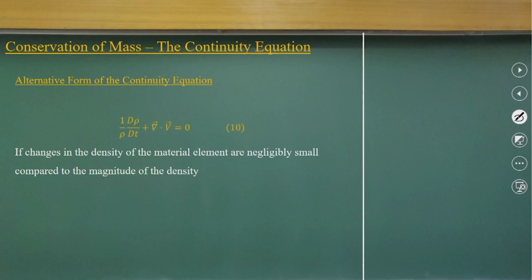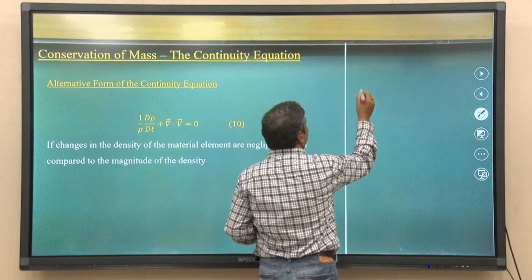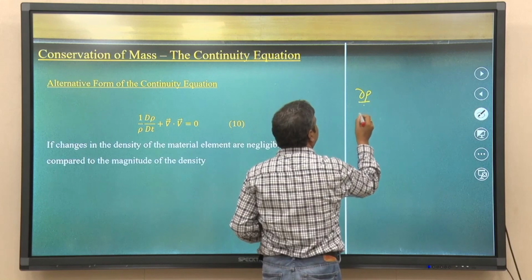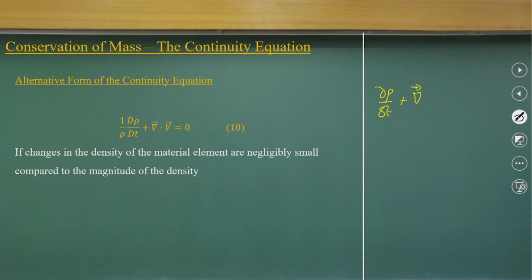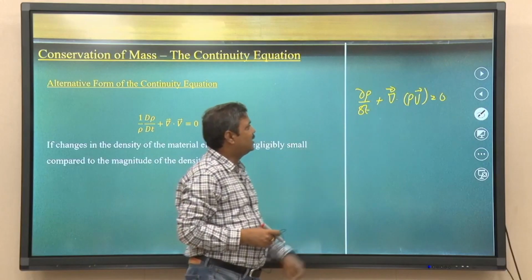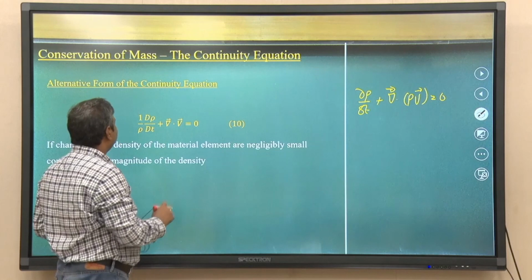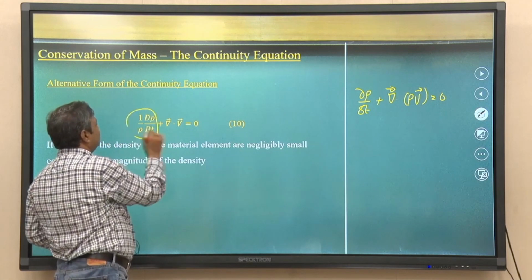I am not going into detailed derivations to avoid more complexity here, but I will just explain the basic equation we have got: partial rho by partial t plus, in vector form, divergence of rho v vector is equal to 0. If I expand these terms and do some arithmetic operations, finally I will get these terms.